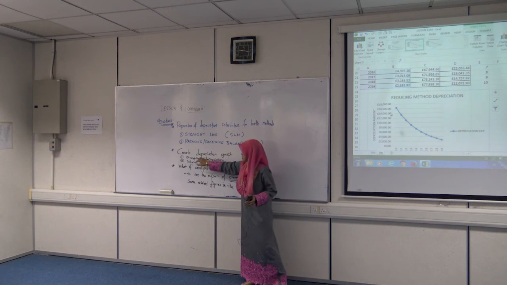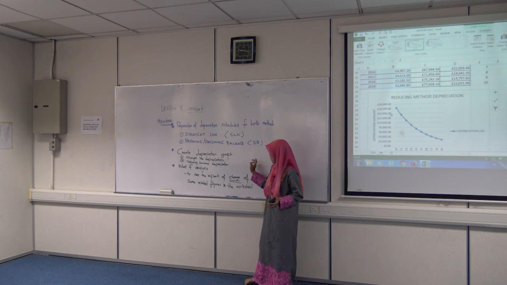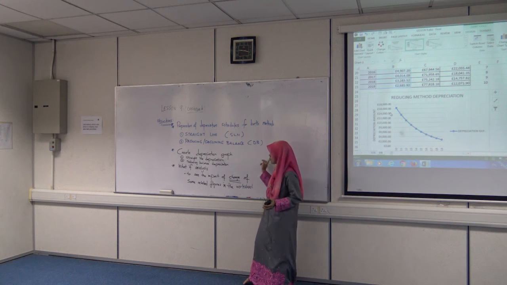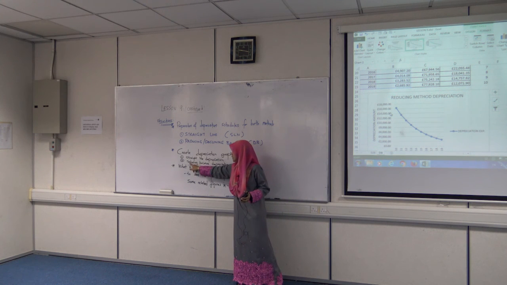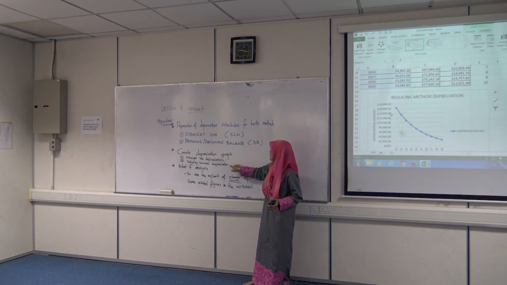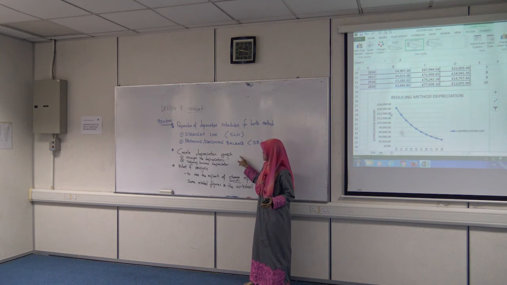So we have a straight line depreciation graph where you get a fixed line, and a different slope for your reducing balance depreciation because you have a curve which slopes down, reducing in value.